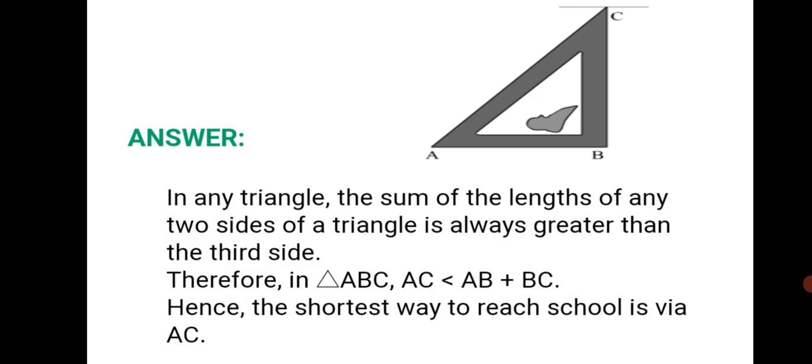Therefore, in triangle ABC, AC, so you can see AC here, is shorter than AB plus BC according to the property. Hence, the shortest way to reach school is via AC. So with the help of the property of a triangle, we have proved that AC will be the shortest way to reach school.